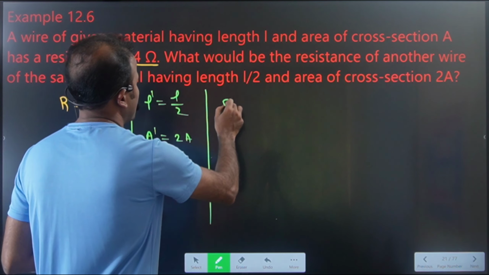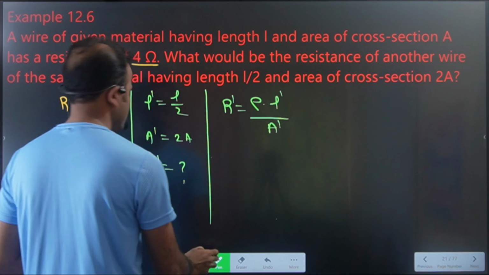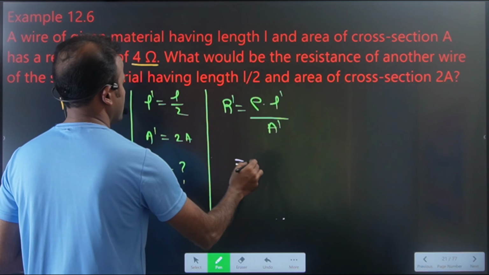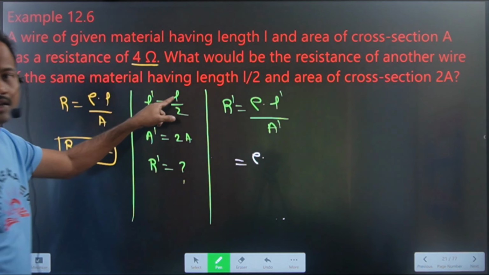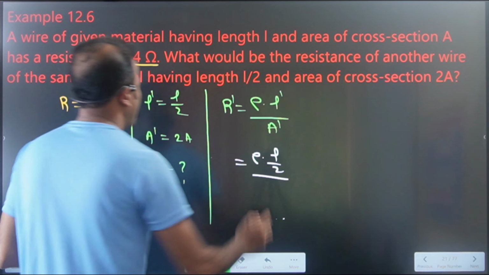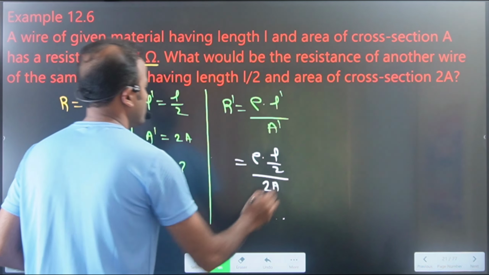Take this formula, R dash equals rho into L dash by A dash. Just substitute the values here. What is the L dash value here? L dash value is L by 2, and area becomes 2 times, 2 into A.